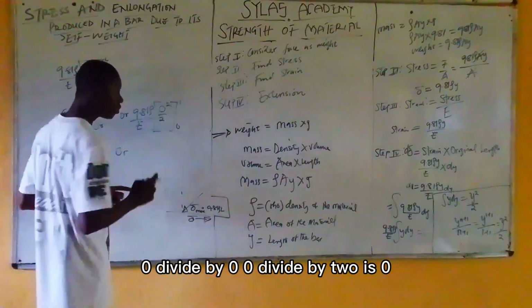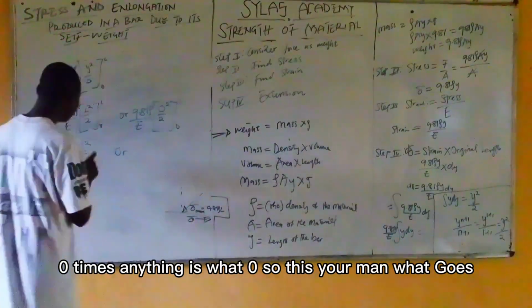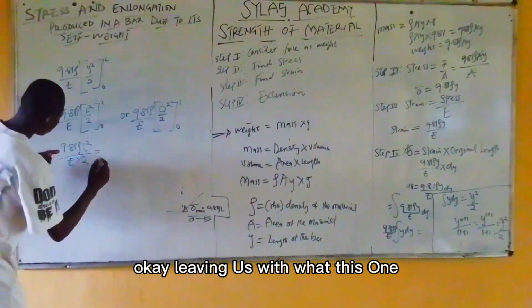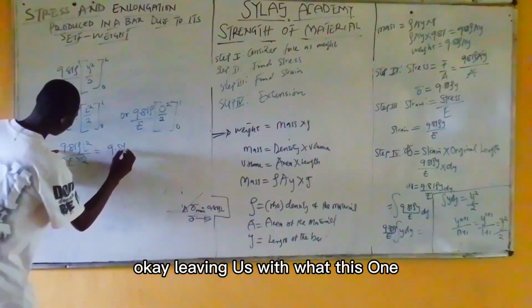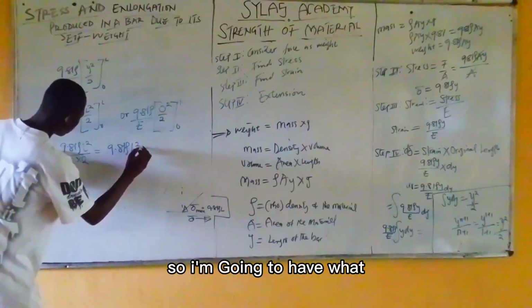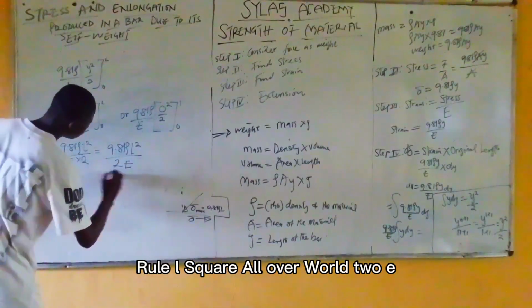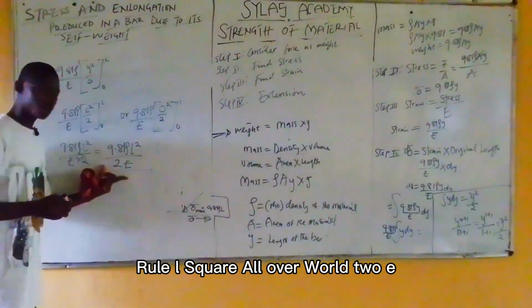So this one goes, leaving us with this one. So I'm going to have 9.81 rho L square all over 2E. And this is just what they are demanding from us.